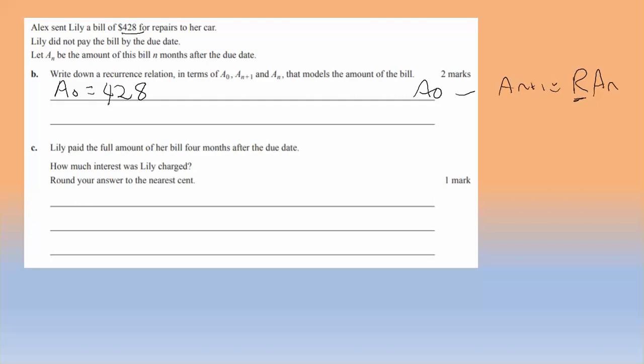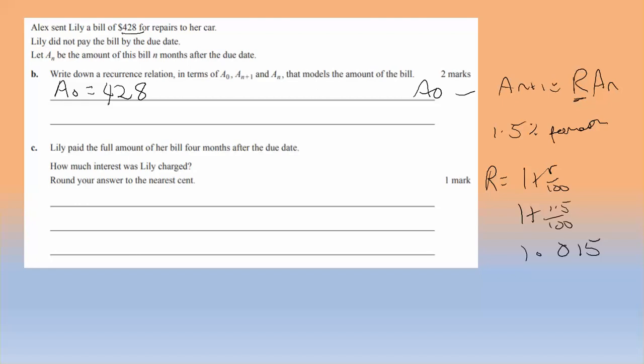So this is, back from the previous question, 1.5% per month, and it's compounded monthly, so I don't need to change the rate. So my capital R is 1 plus 1.5 over 100, 1.015.